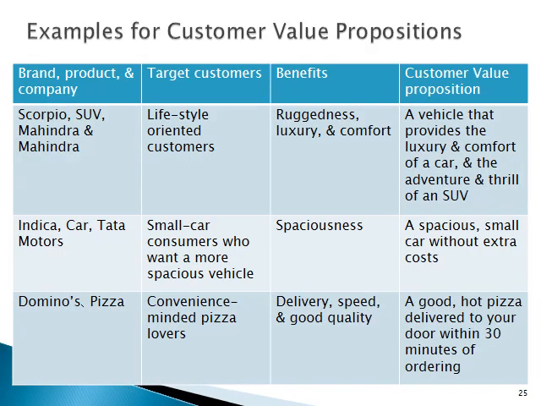Some other examples are also given, but I can just focus on one example here. We'll take the last row, Domino's Pizza. The target customers are convenience-minded pizza lovers. The people who like to eat pizza are their target market. So what are the benefits that Domino's Pizza wants to provide to their customer base? Quick delivery, speed, good quality. So what is the customer value proposition?